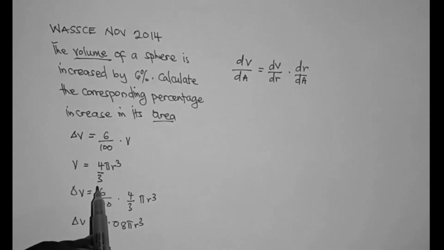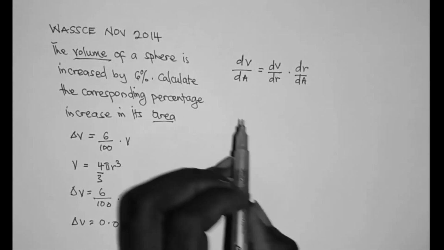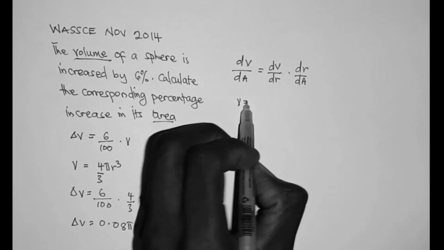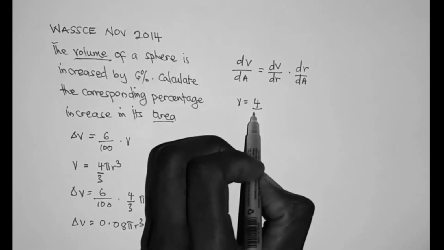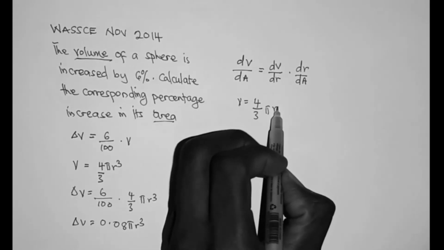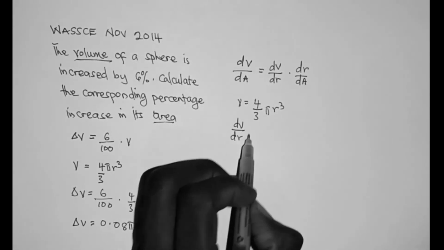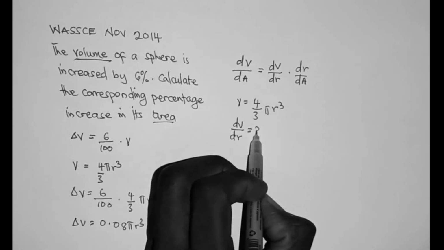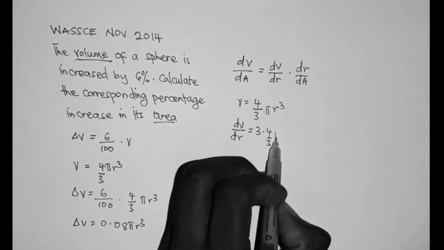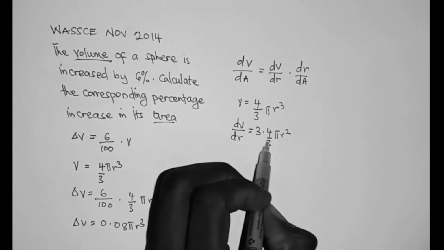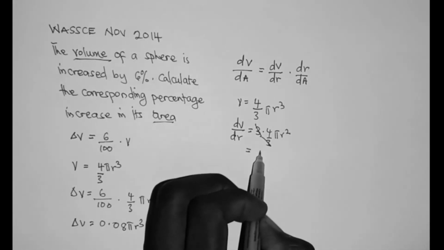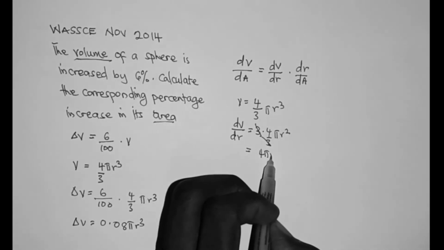So let's write the volume of a sphere and find dV/dr. Volume of a sphere is given as 4 over 3 pi r cubed. So dV/dr is equal to 3 times 4 over 3 pi r squared. So this 3 and this 3 cancel. So it will give us 4 pi r squared.